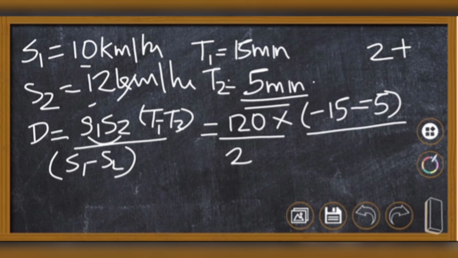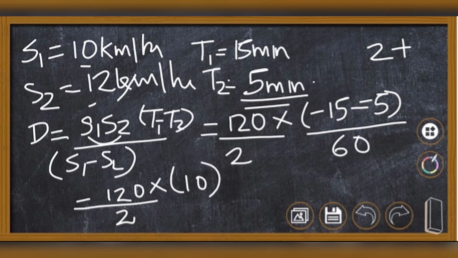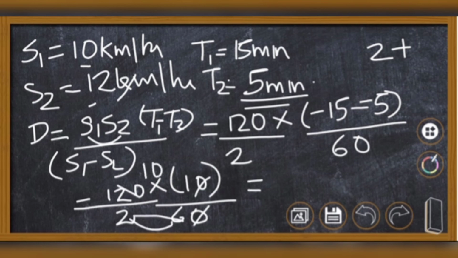So 120 into 10 divided by 2 divided by 60 to convert it into hours. So 120 by 2 into 10 by 60. So 12, it gives 10. That is 10 kilometer. Okay, so we have found the distance.